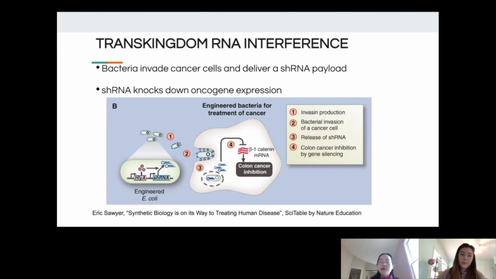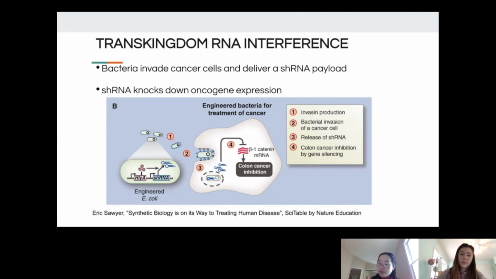The mammalian cell basically gulps up the bacteria and puts it in a special vesicle called an endosome. Then the pH of the endosome goes down, so the acidity goes up, and that causes the bacteria to lyse. Basically it explodes, and all the contents of the bacteria leak into the endosome.